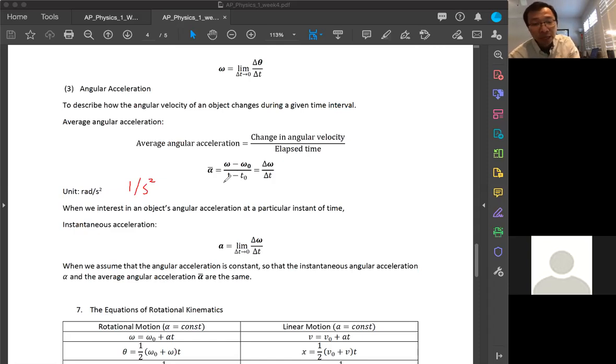Otherwise, we need to take the integration of your functions, right? So we already consider the angular acceleration to be constant, and based on that, we can assume that the instantaneous acceleration and the average angular acceleration are the same.